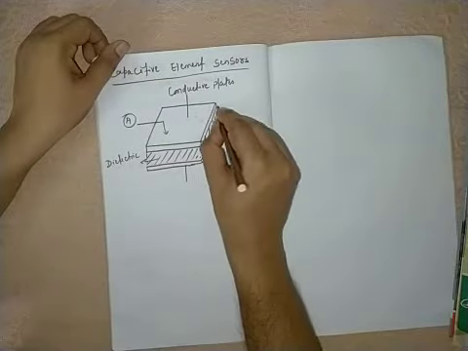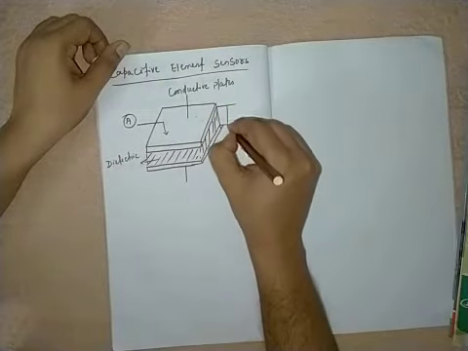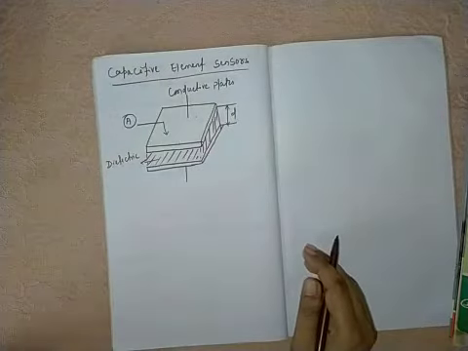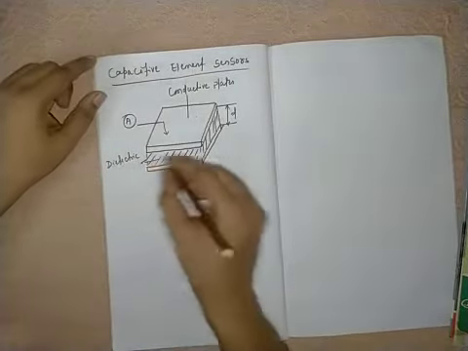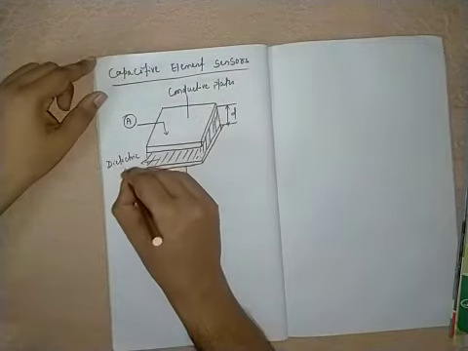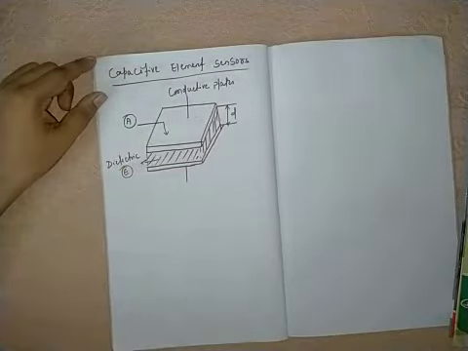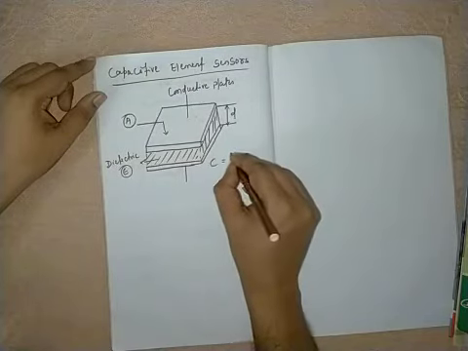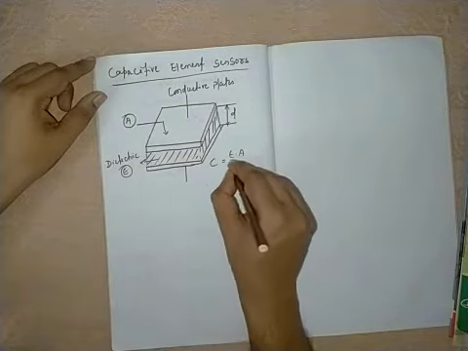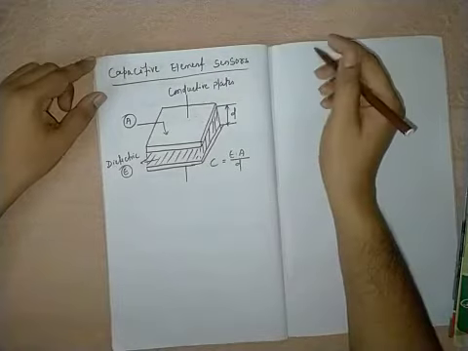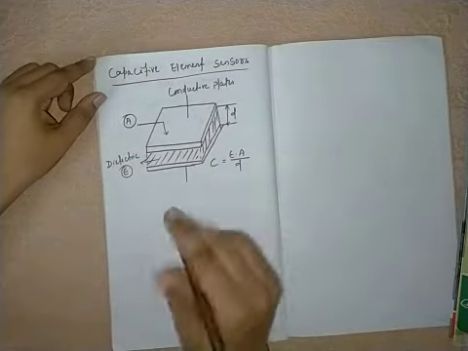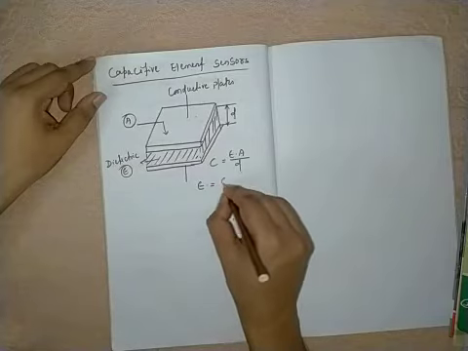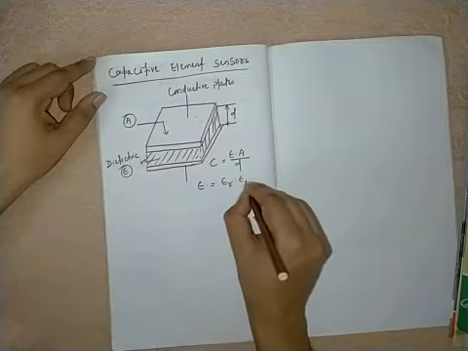And let this distance is small d. If there is a dielectric, it has a permittivity of epsilon. So you know the formula of capacitance, that is C is epsilon A upon d. And you know the formula for epsilon, it is epsilon r into epsilon naught.